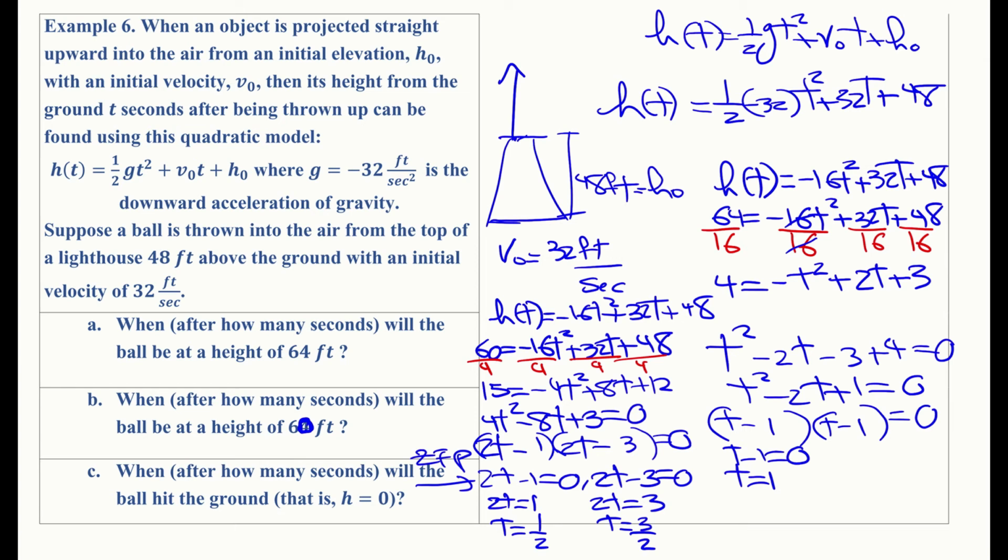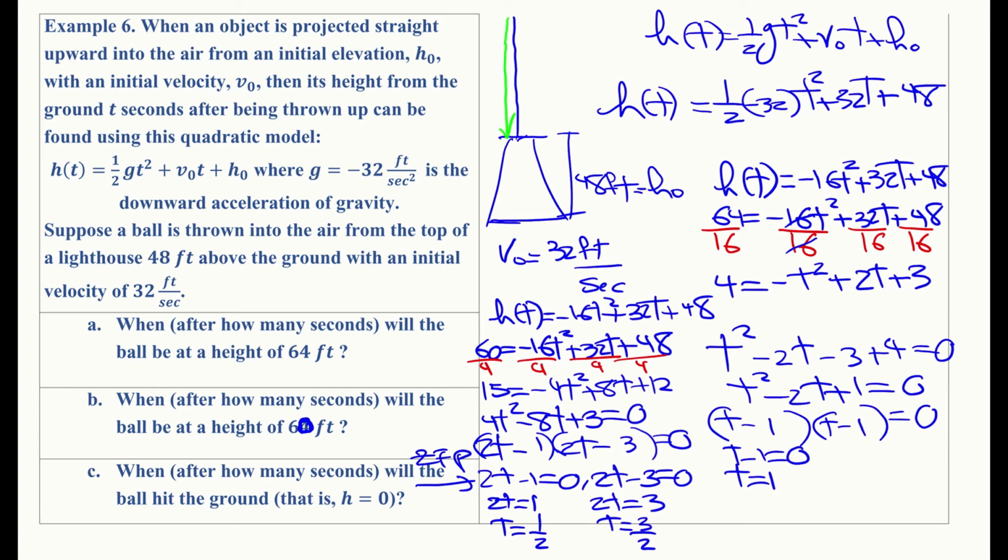Well, think about it. Notice that this ball is going to go straight up. Obviously, it's not going to go on forever. It's going to reach some maximum height. Then it's going to start falling back down, right? So it goes on up and then it falls right back down.